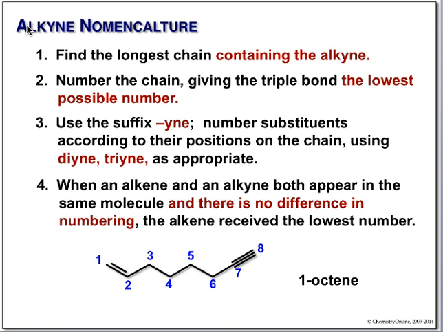I'm not sure why, but they dropped the E on the end. Then they're going to put in the alkyne and its number. Now you don't have to call it an octyne. All you have to do is put in the number and indicate that it's a triple bond. So we drop the E, and we have to indicate that in carbon 7, we have an alkyne. 1-octen-7-yne.